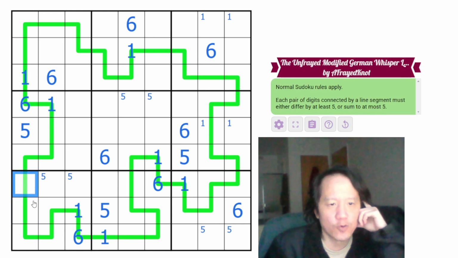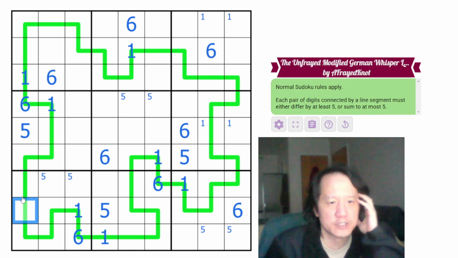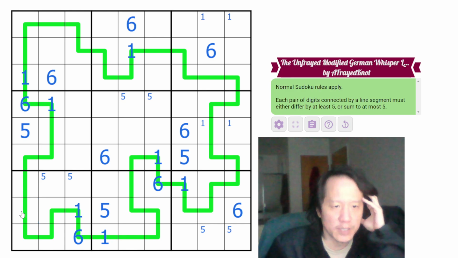Same here. So 4 cannot be here because that would be next to 2 unique digits, and one of them could not be 1, so that would eliminate one possibility for unique digits. So therefore, it'd have to be next to 2 9s, which is not possible. Same here. 1 can't be either of these, so 4 can't be here. So 4 cannot be any of these 3.